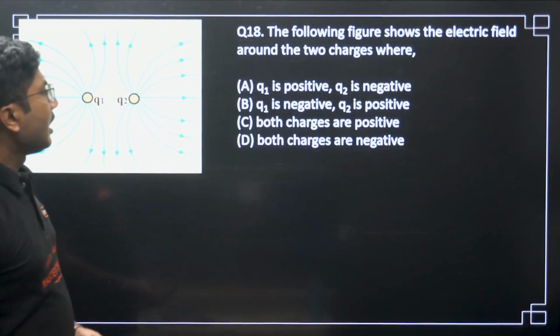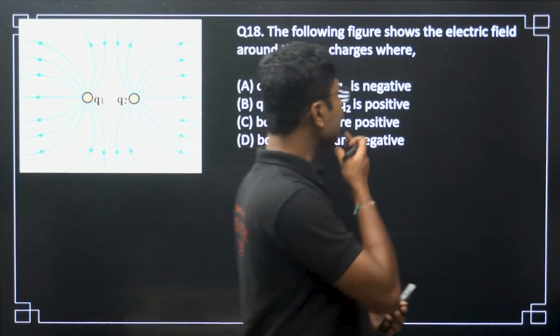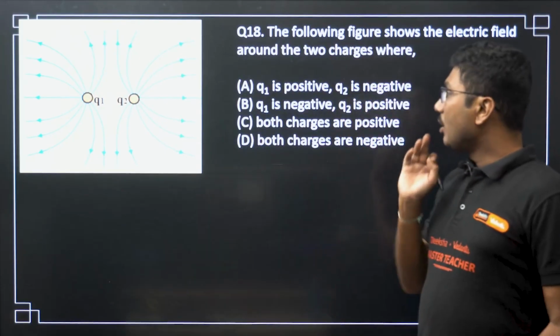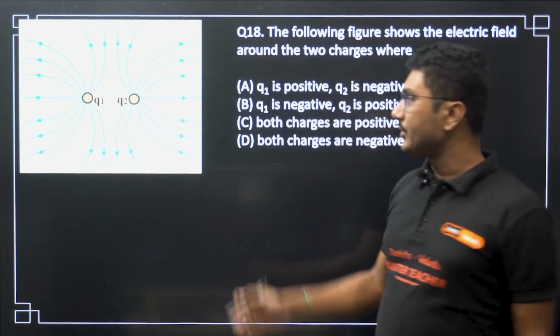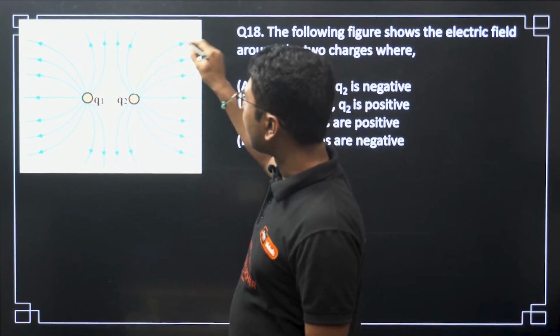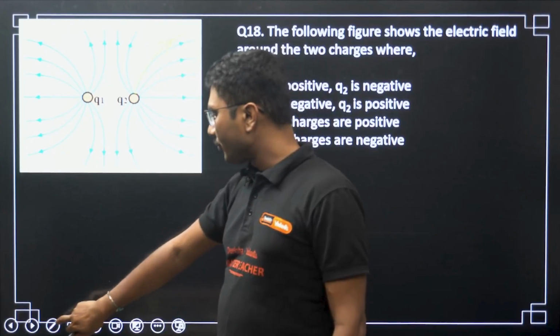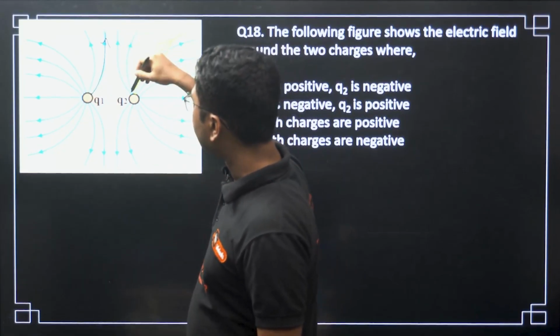Next question, the following figure shows the electric field around two charges, and you have to determine whether the charges are positive or negative. If you see these two charges carefully, all the electric field lines are going out. For both the charges, electric field lines are going out.